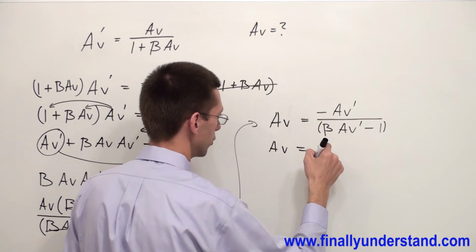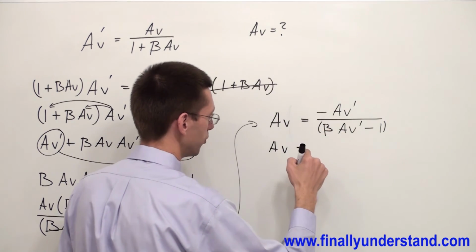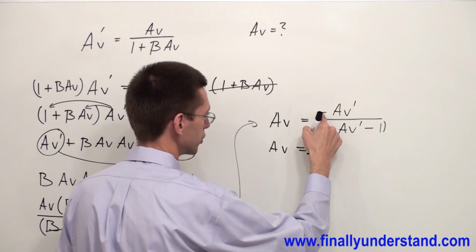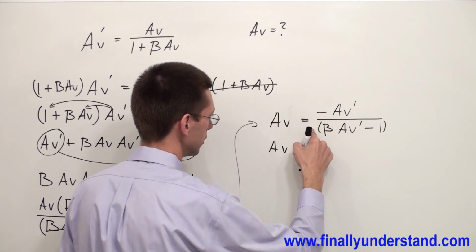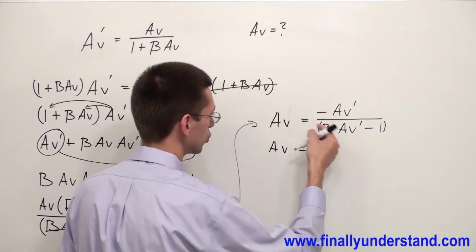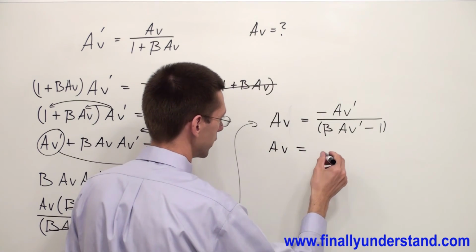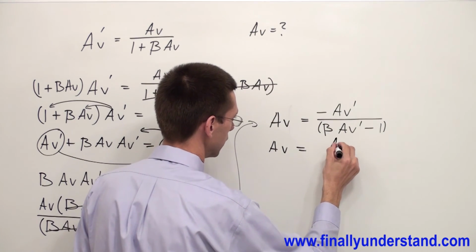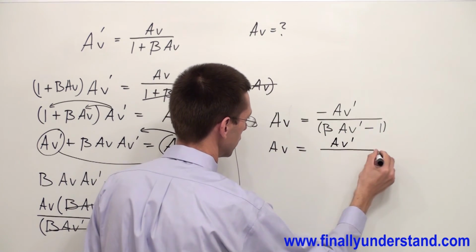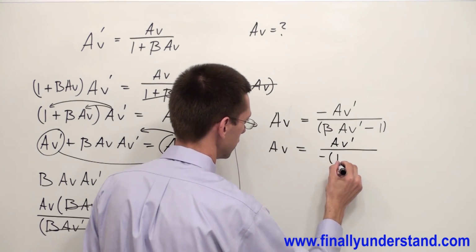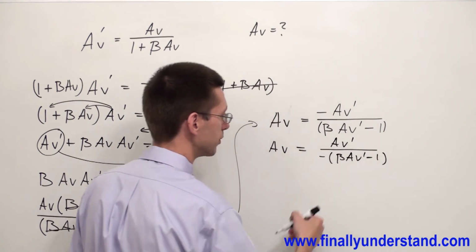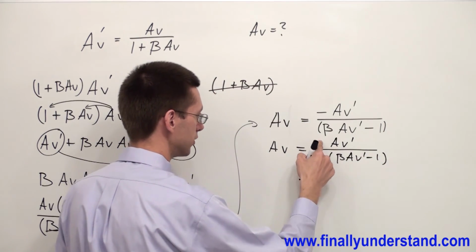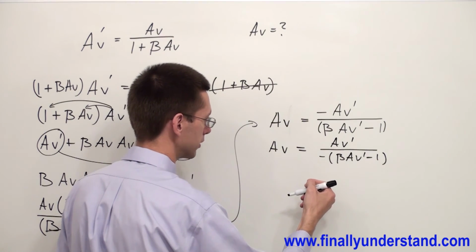So just keep in mind that if I change the position of this negative, taking this negative and putting it in the denominator and this positive in the numerator, it's not going to change my final answer. That's why I can write AV equals AV prime over negative beta AV prime minus 1, because it's the same thing in this case, because positive divided by negative will give me negative.